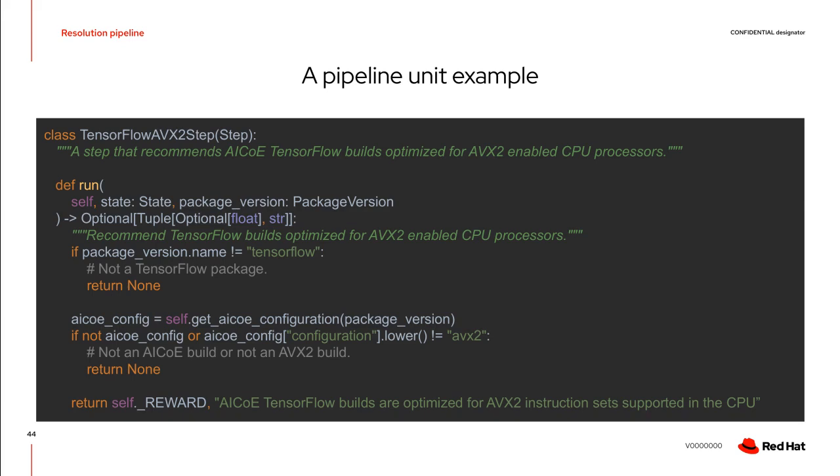So we are in some state and we want to go into another state, and that other state is created by including a package version into the current state. The run method accepts two parameters: the state and the package version to be included into the state. If the package version to be included is TensorFlow and the included TensorFlow supports the AVX2 instruction set, then we propagate a positive reward signal, and we also give an informative message to the user.